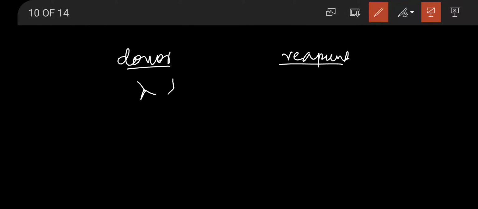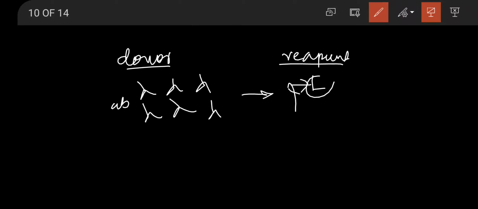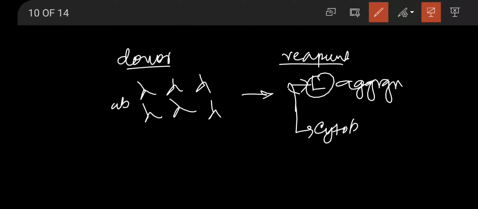Donor's blood has a lot of antibodies. In the recipient, it is causing leukocyte aggregation, or it is causing release of cytokines.